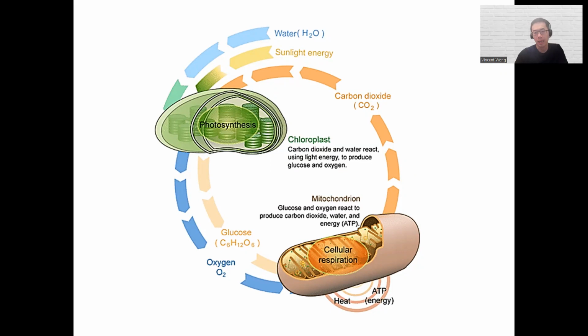We talked about the mitochondria, for example, which is found in both animal cells and plant cells, and their job is to produce energy using glucose and oxygen as reactants. And in the process, you will create carbon dioxide as well as water.